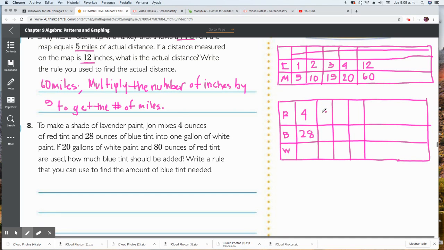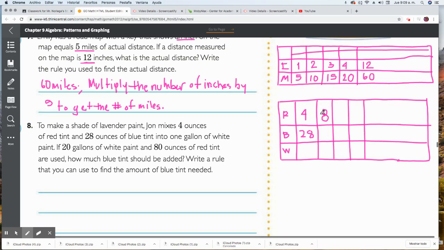So what's 4 plus 4? 4 plus 4 equals 8. Now to find what this number would be on the bottom, we need to find the relationship between 28 and 4. What number times 4 equals 28? 4 times 7, right, is 28.